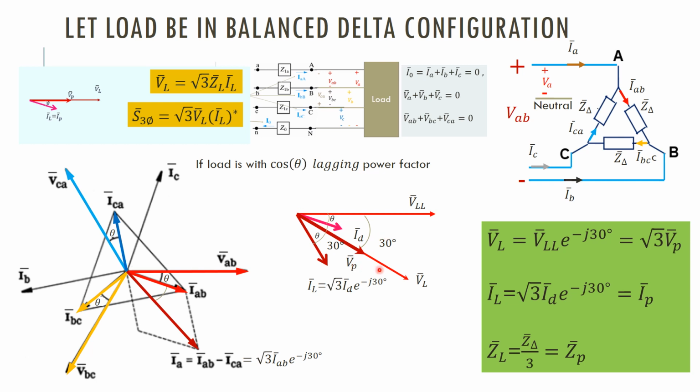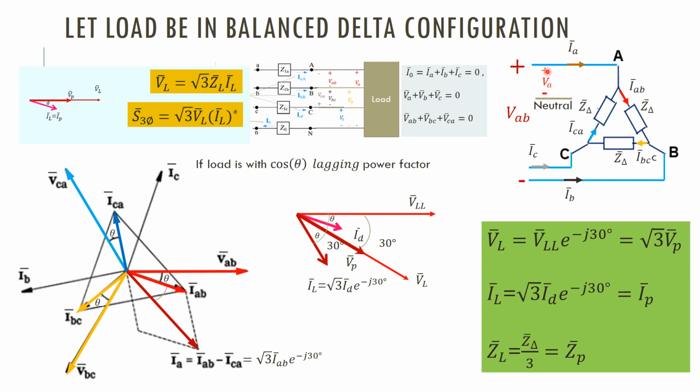And you know that the line current IL is equal to root 3 times the delta connected load arm current, the phase current, into e to the power minus j30, right? Similarly for VA, if you have a black box on top of the delta connected load, you don't have to worry about this part.